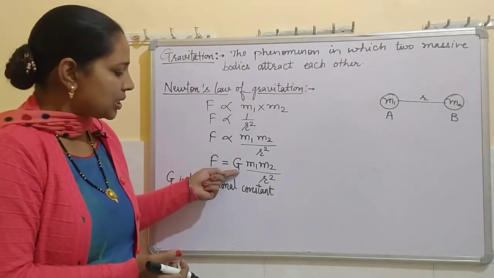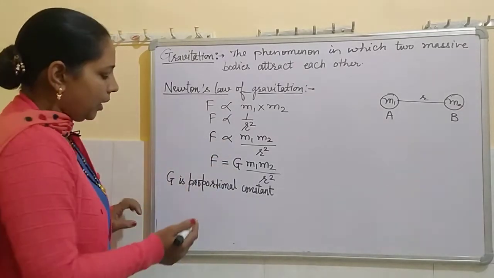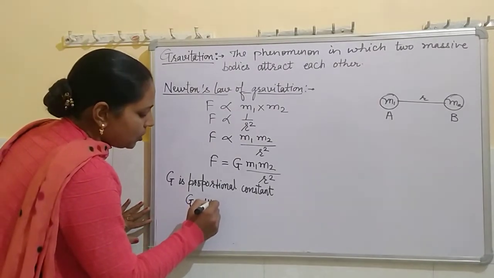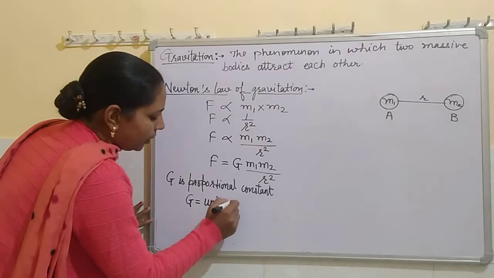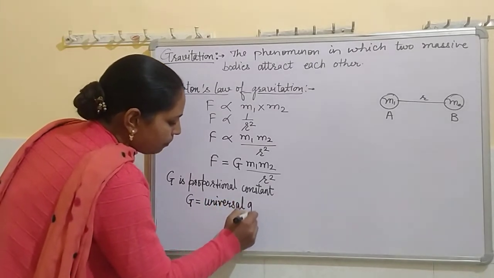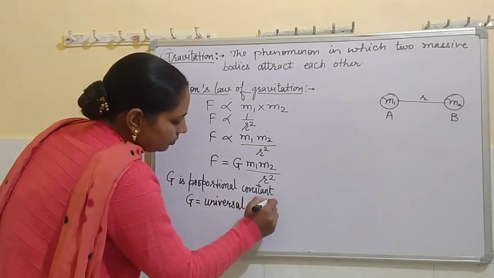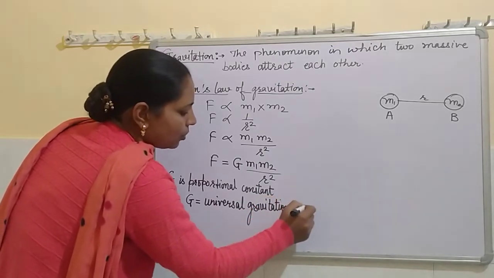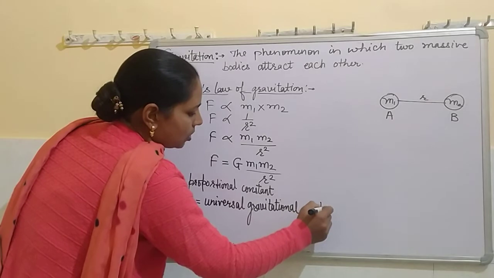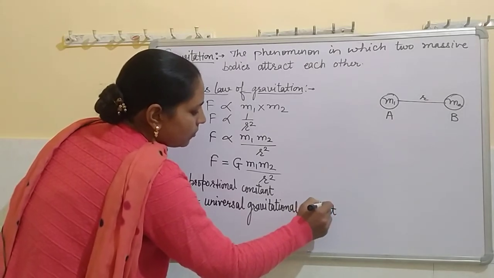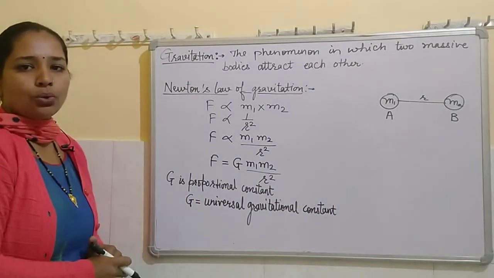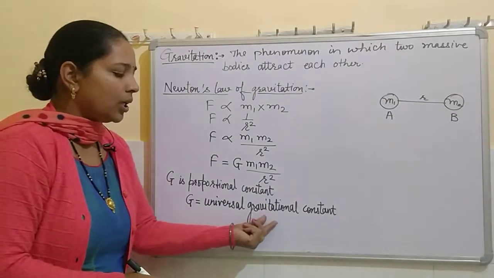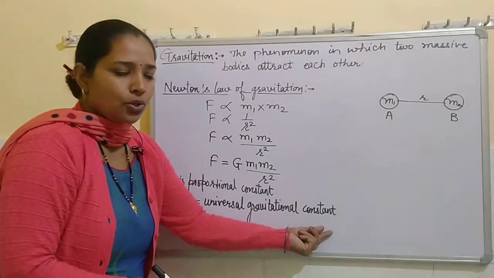This constant is capital G here, and it has a specified name. This G is known as the universal gravitational constant, and its value is fixed. Its symbol is also fixed and its unit is also fixed. That's why we name it the universal gravitational constant.